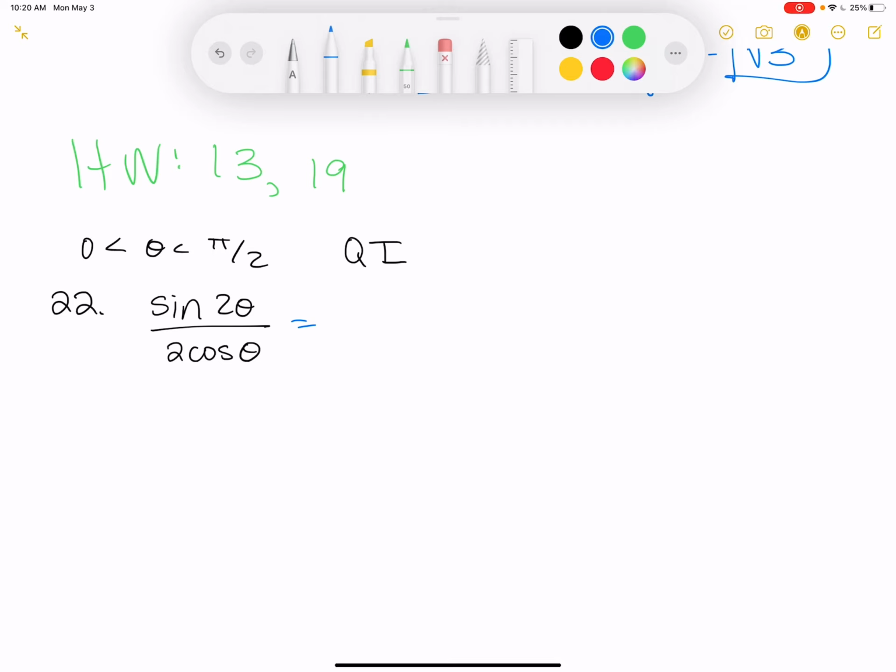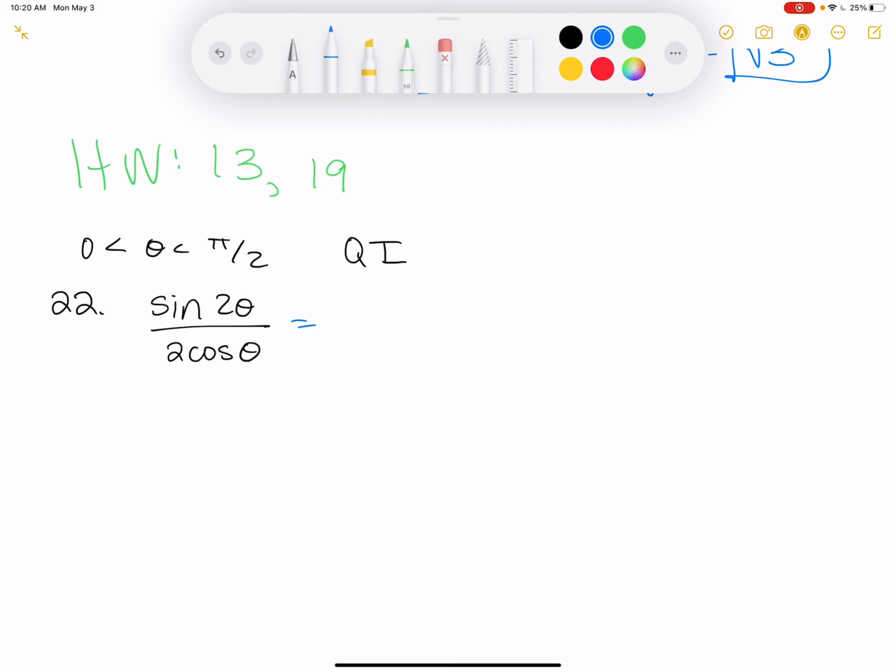All right, so sine of 2 theta can be rewritten as what? 2 sine theta? One minus cosine? Nope. Sine of 2 theta can be rewritten as what? 2 sine theta. I don't know. Hold on, let me check. It's a formula, so look at your formulas.